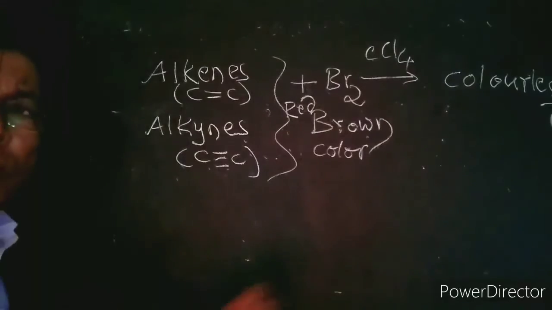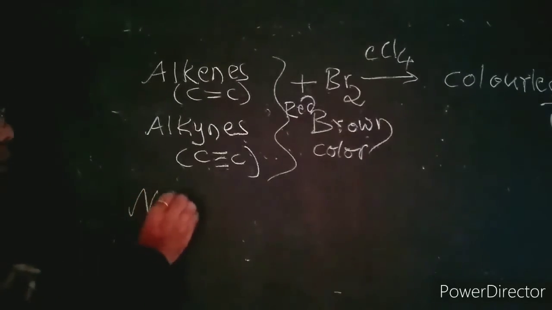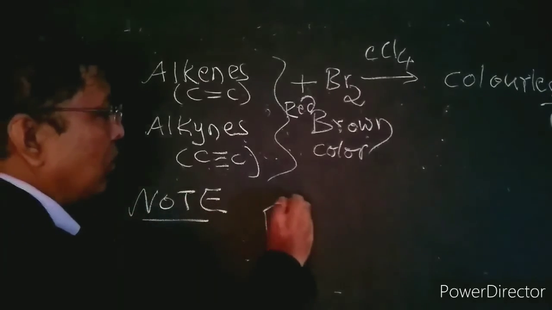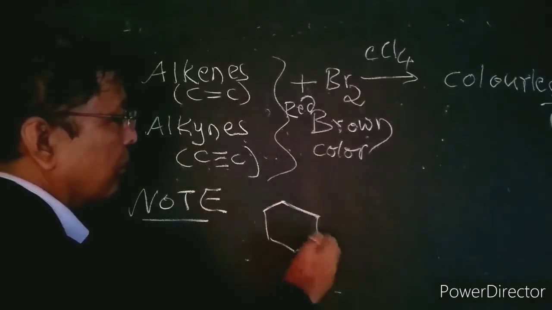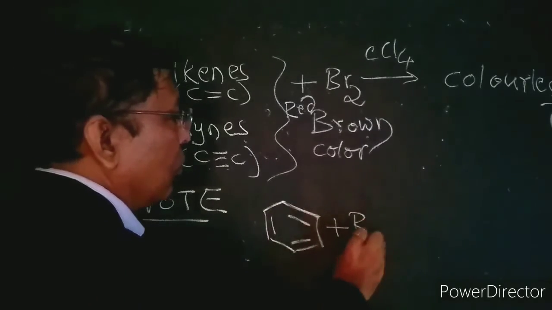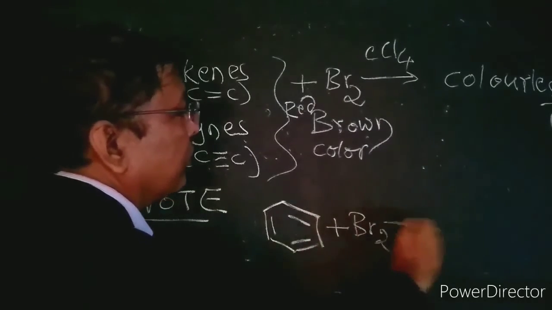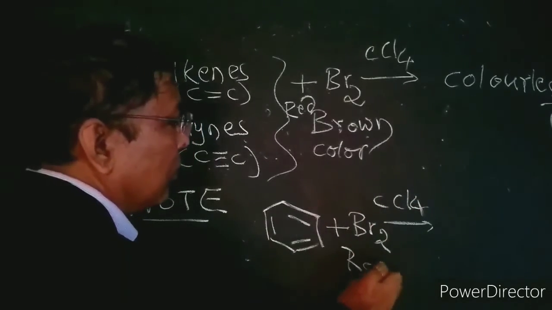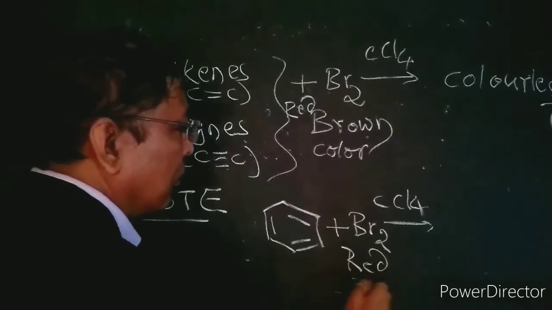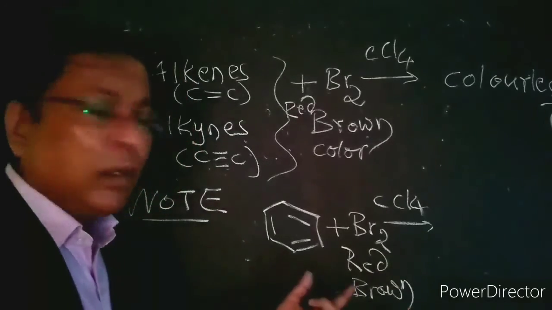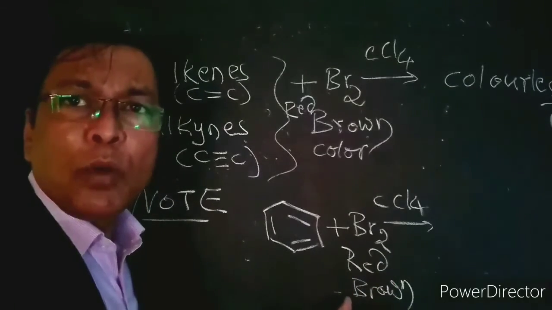Now, we have to note one very important point here. Benzene also has carbon-carbon double bonds. If we add bromine water, does the reddish brown color of the bromine disappear?